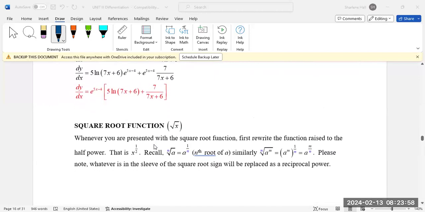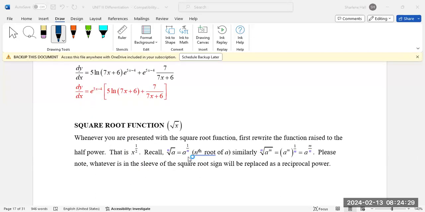So let us look at it. Let me formalize it. I know I did one question within it. Let us see if we can get a little more information from it. Whenever you are presented with the square root function, you first rewrite the function raised to the half power. Remember, I said to you the last time that the nth root of a is equal to a to the 1 over n.